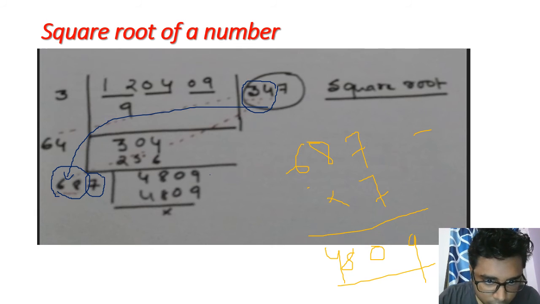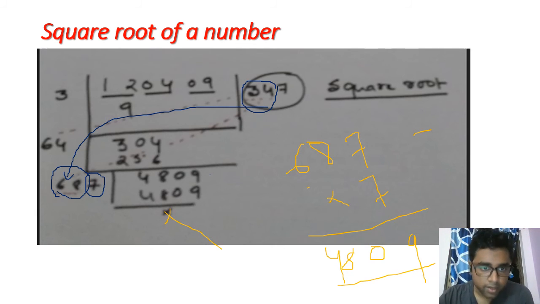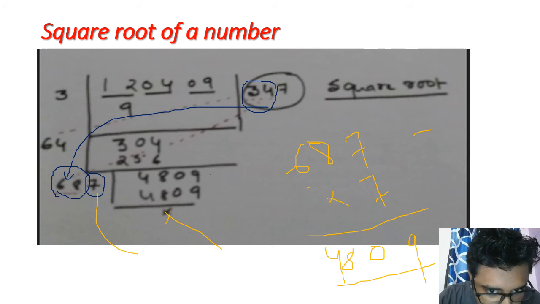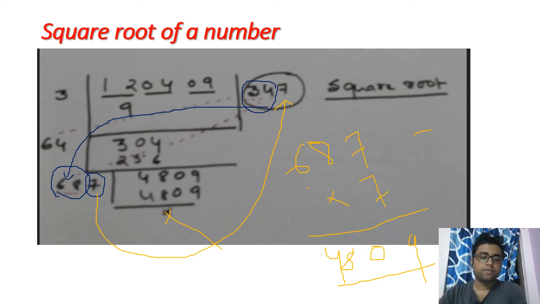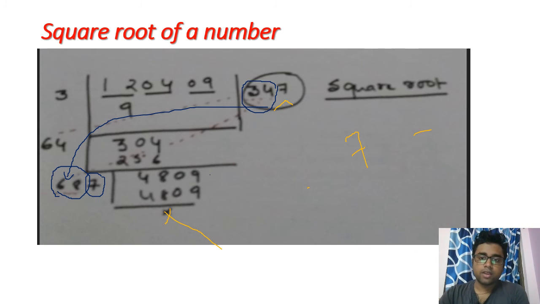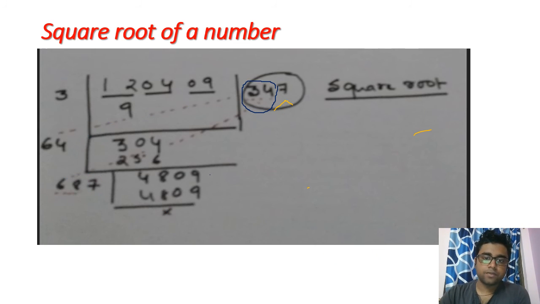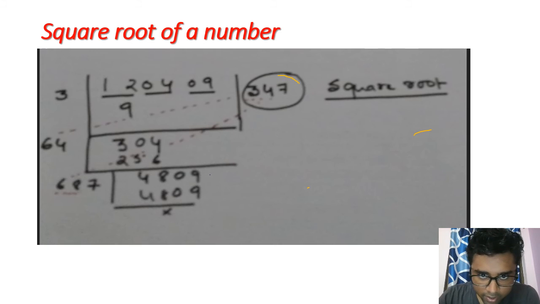Okay, so let's divide it and we write the number here. So we get the square root of 120409 as 347.